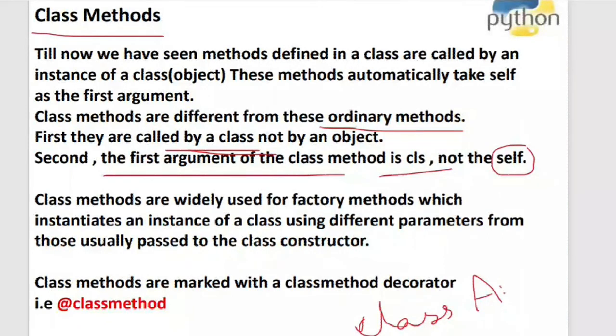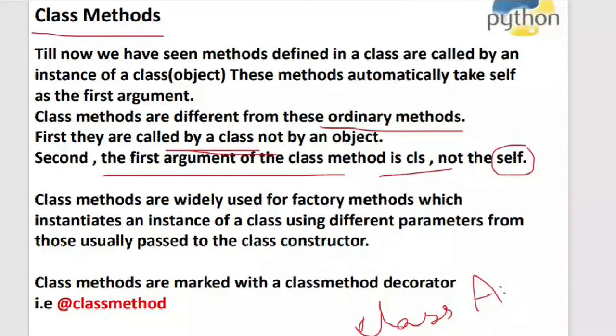So there are two kinds of data and two kinds of methods that can be there in a class. The first one is the instance variables and instance methods, which are pertaining to the object. You can access them only through an object. You have to say obj and then access them, in case the object name is obj.